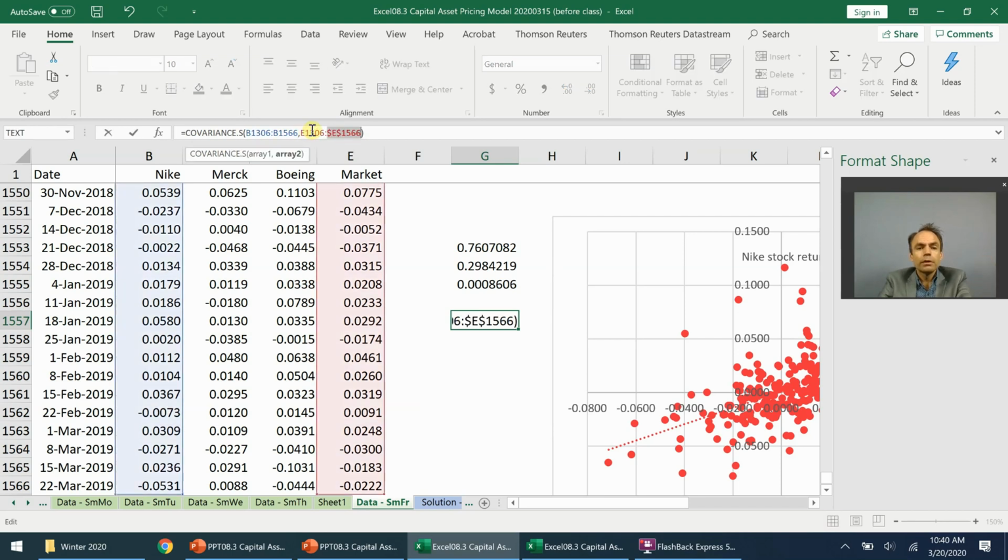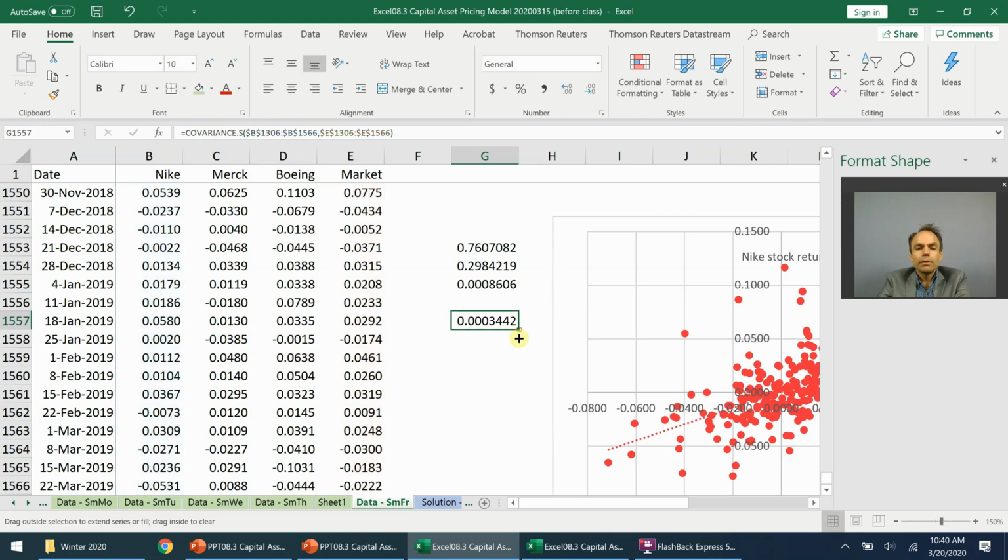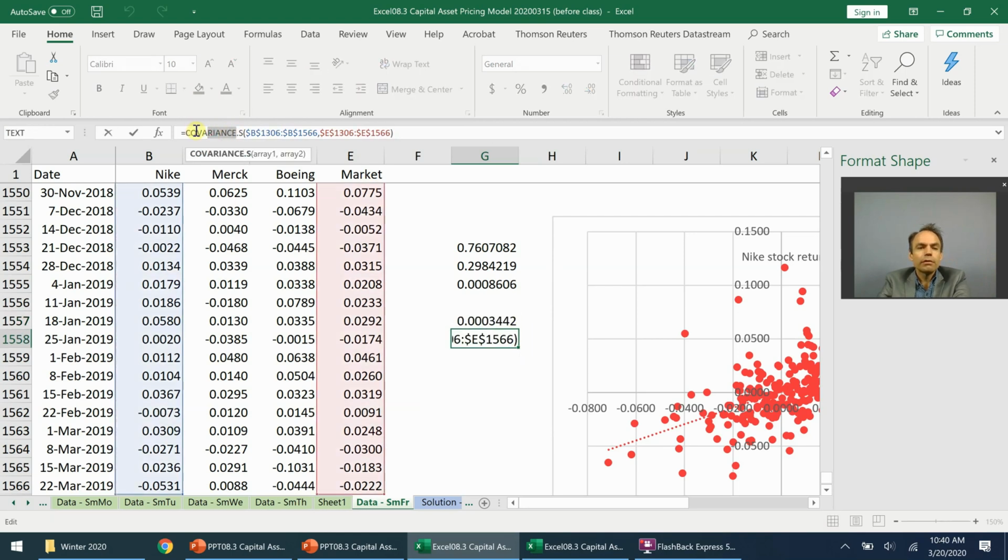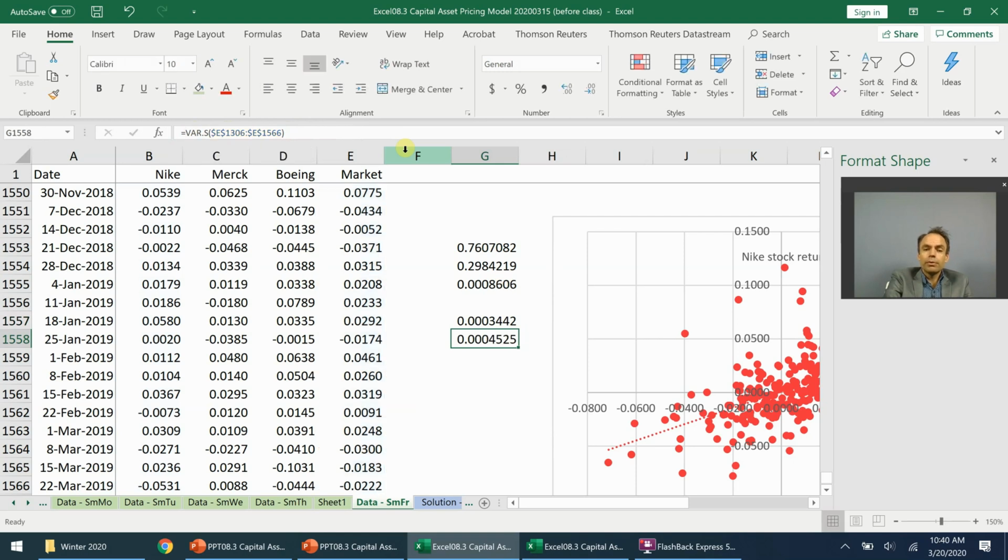0.000344. If I do the same analysis but just have variance, VAR.S, and of course just refer to the market column, I'm going to get the variance of returns on the market portfolio. That's going to be 0.00045.